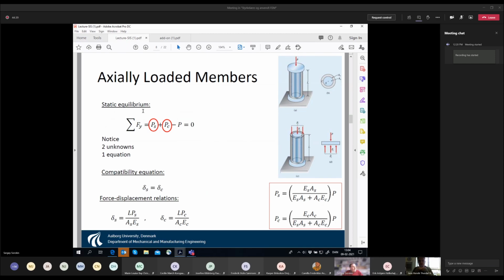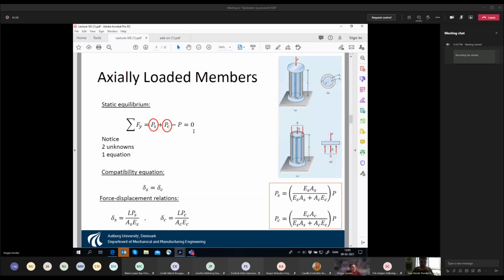We have static equilibrium, so the external force must be balanced by the sum of the forces in the steel cylinder and in the copper tube. And again we have this challenge: we have only one equation, we can't write any more equations, but we have two unknowns.